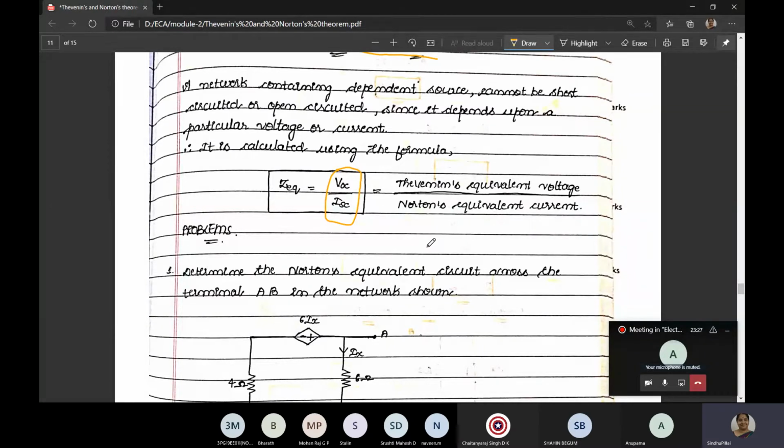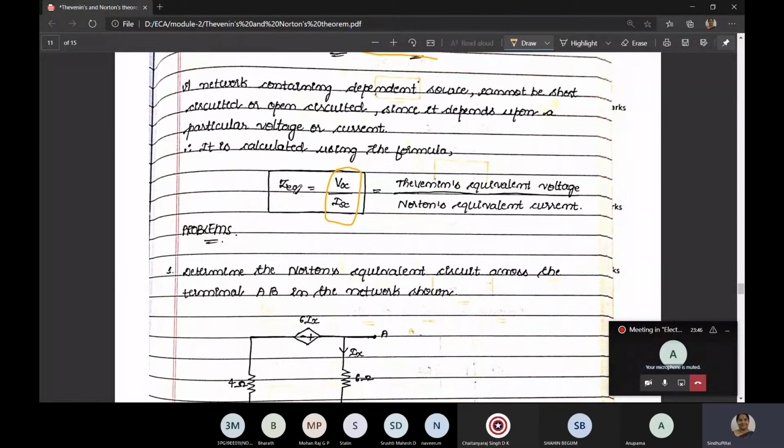So whenever a network has a dependent source, we have to find Z equivalent by using the formula VOC divided by ISC, that is Thevenin's open circuit voltage divided by Norton's short circuit current.